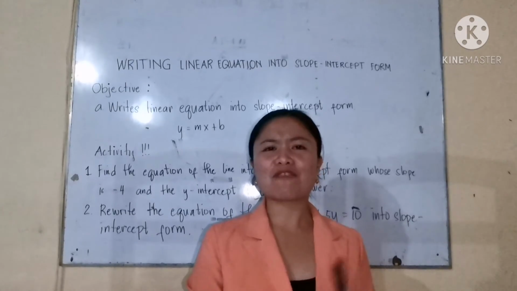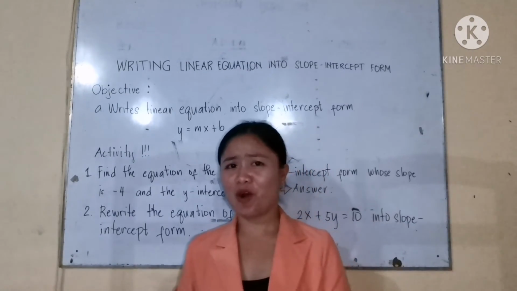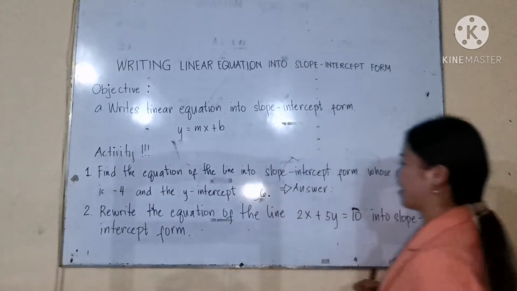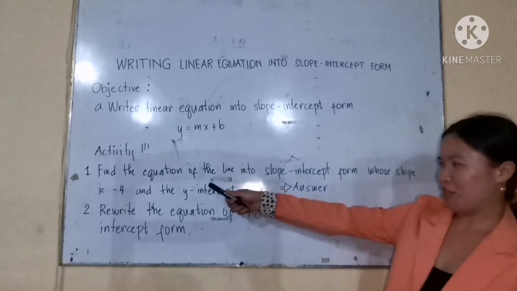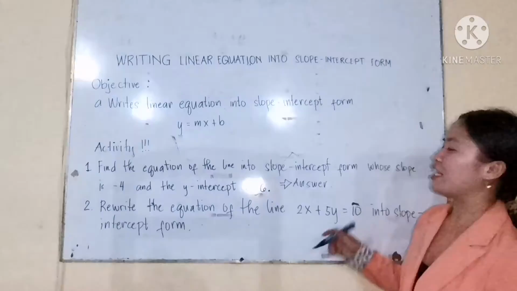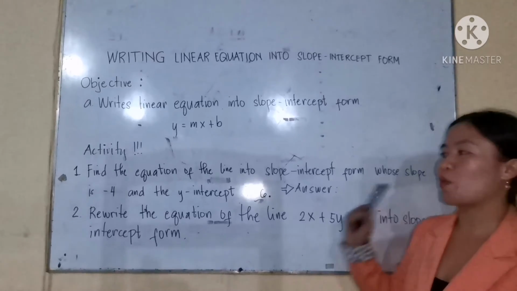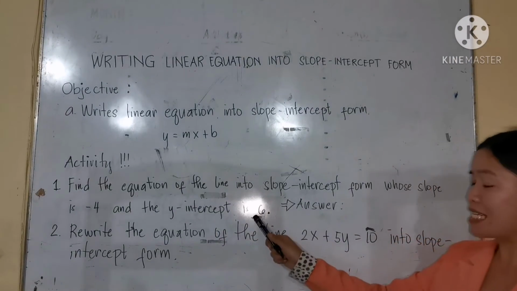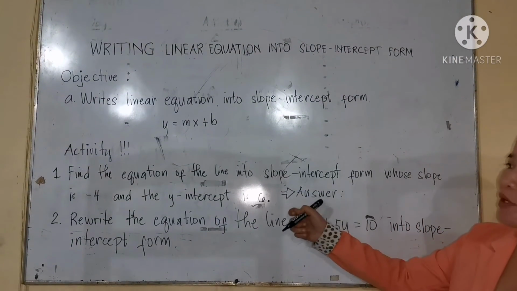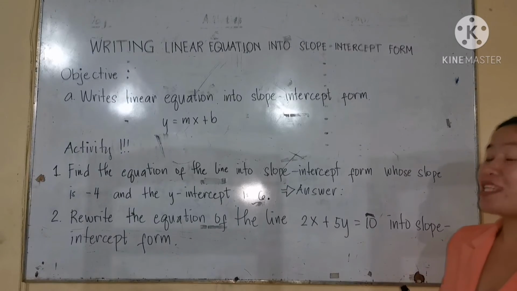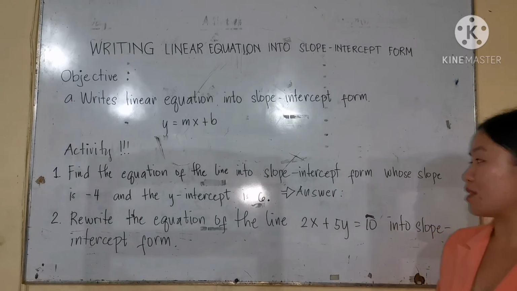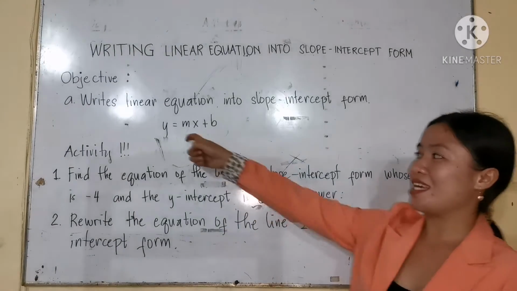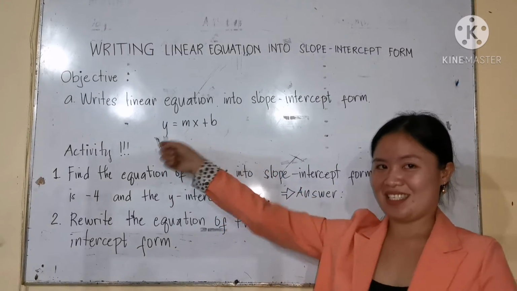Now let us check if your answer is correct or not. Number 1: find the equation of the line in slope-intercept form whose slope is negative 4 and the y-intercept is 6. We're just going to substitute the slope and the y-intercept in this equation.